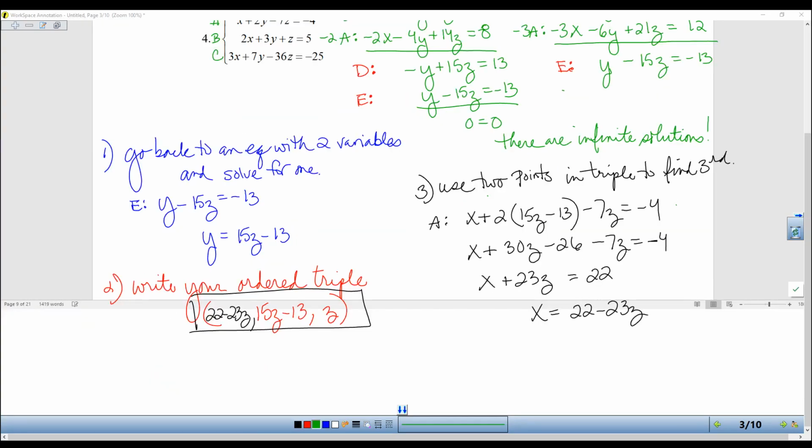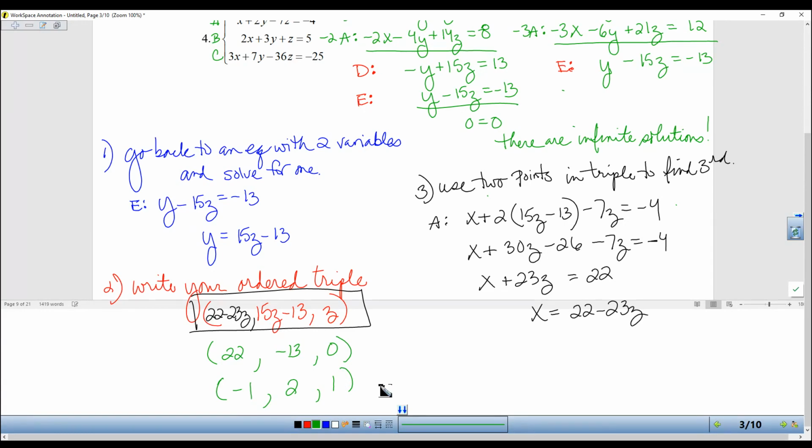So if you wanted to check this, you could say that, let's say z is 0, then y would be negative 13, and x would be 22. That is one of the infinite solutions that we're talking about here. If z is 1, then y would be 2, and x would be negative 1.